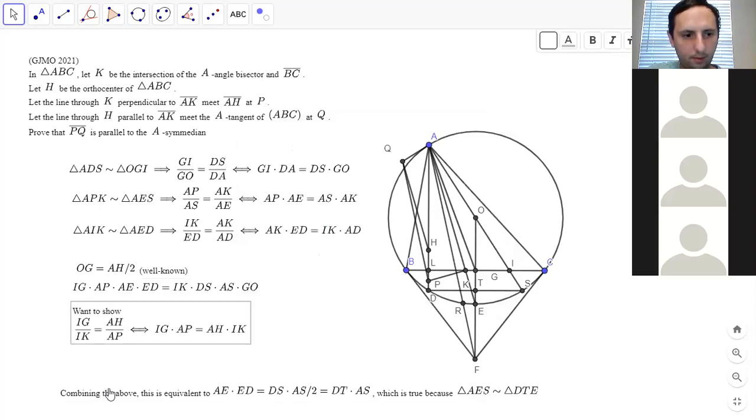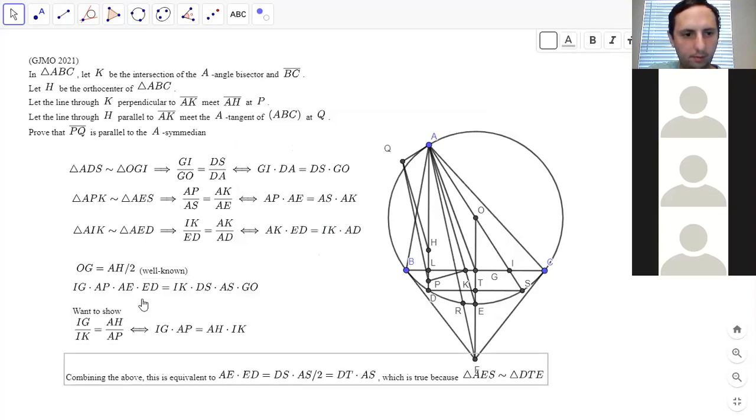So we'll just say, yeah, combining the above.